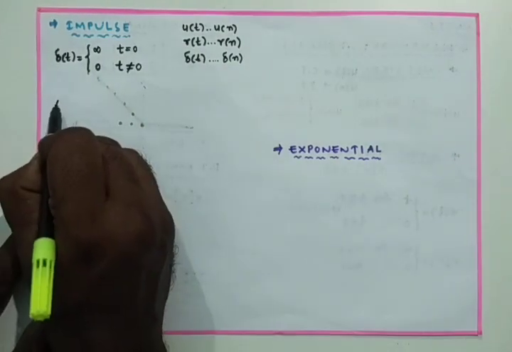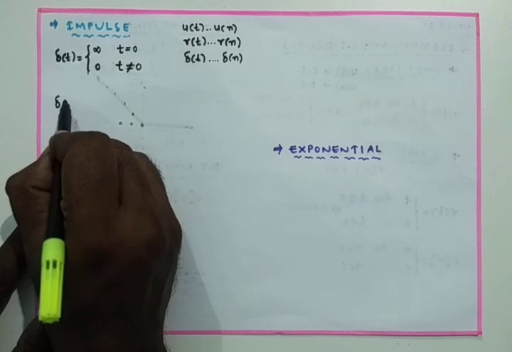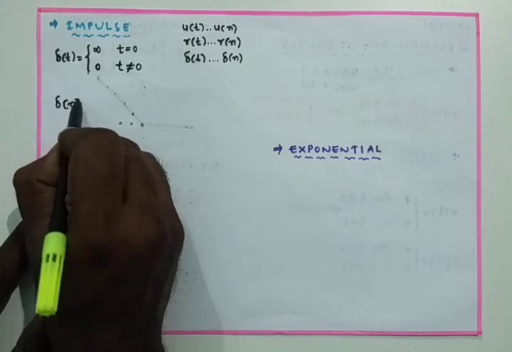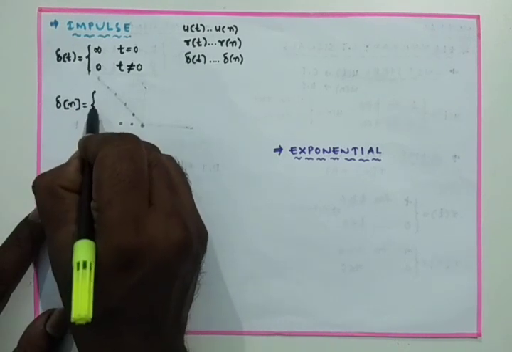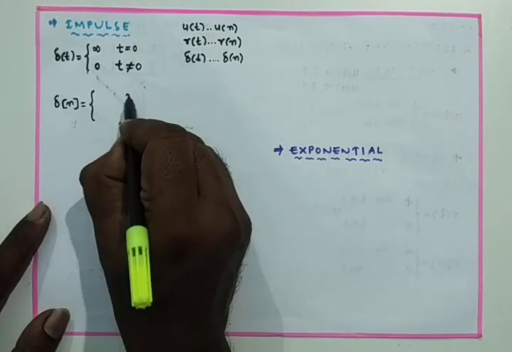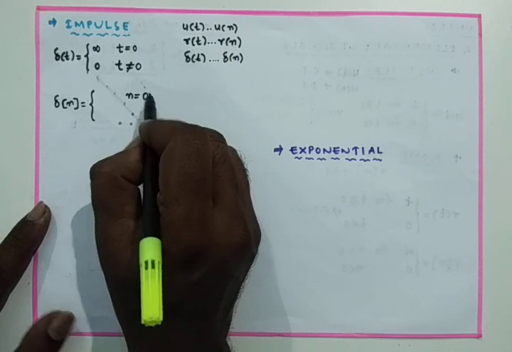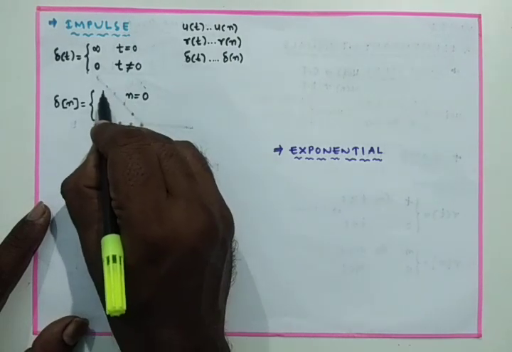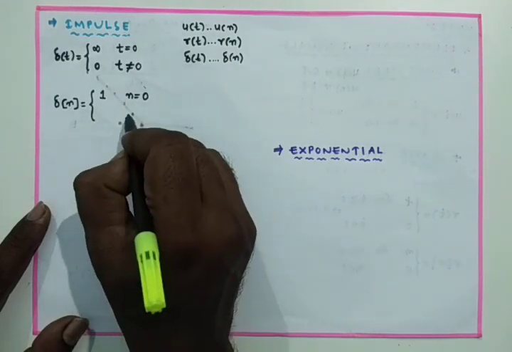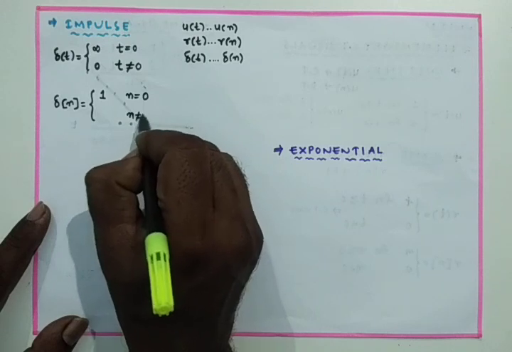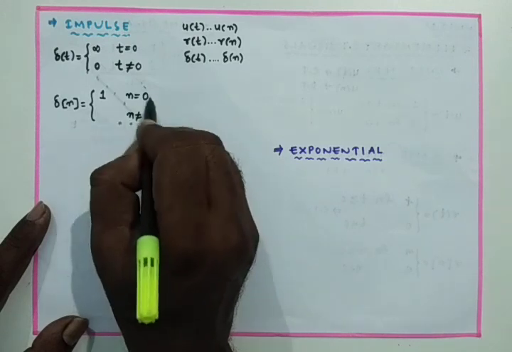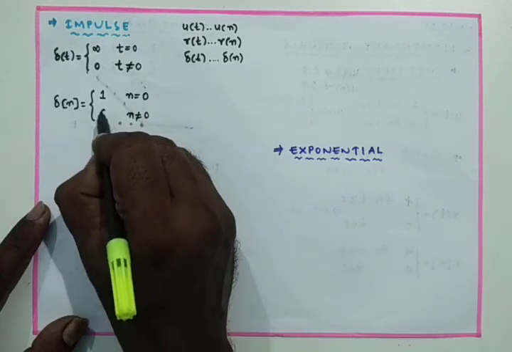If you go with the discrete time impulse signal, that is denoted with del of n. Del of n is nothing but at n equal to 0 only we can have the signal. At n equal to 0 the signal amplitude is 1, and at n not equal to 0, that may be positive or negative, the value is 0.